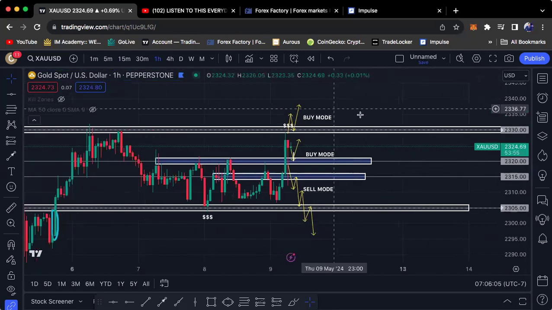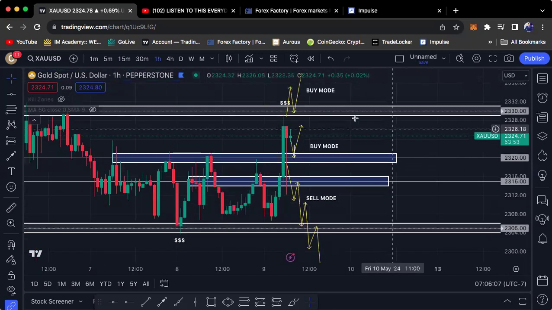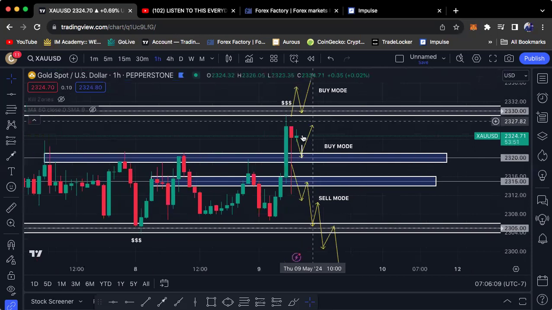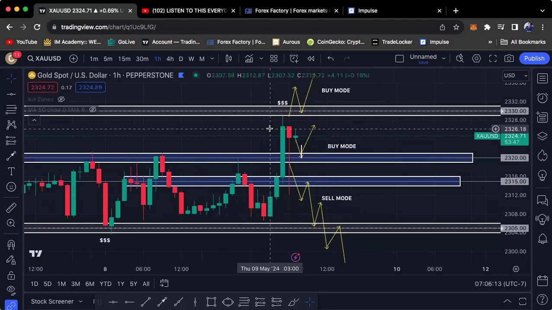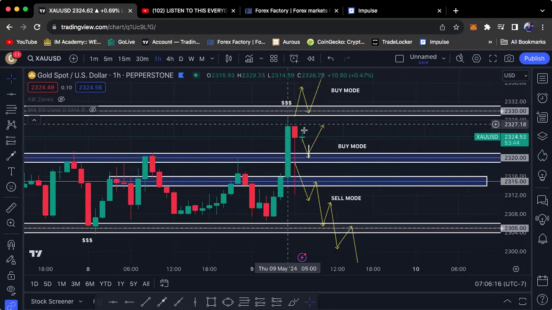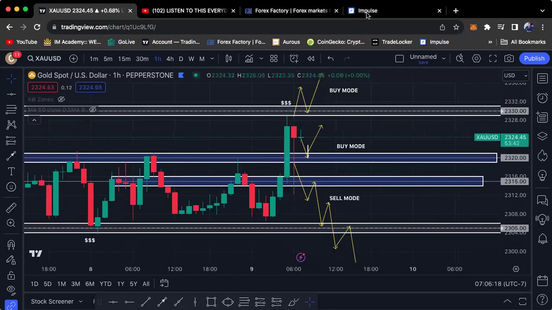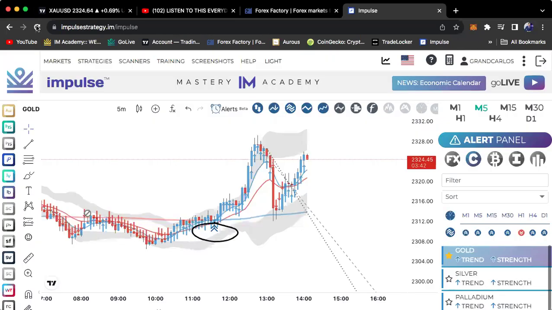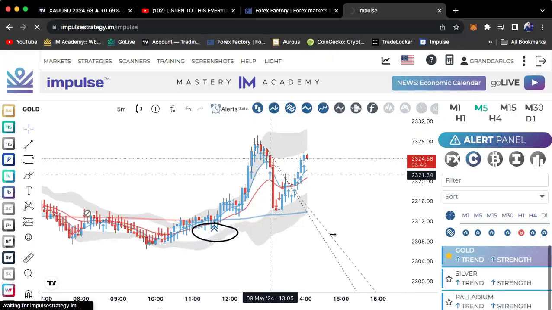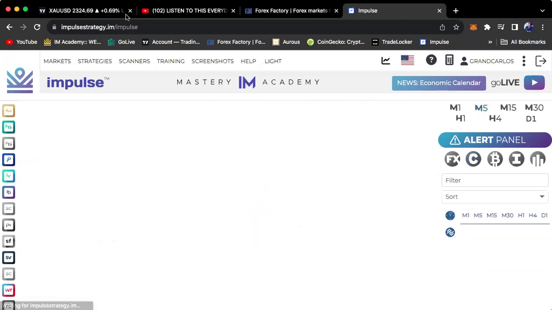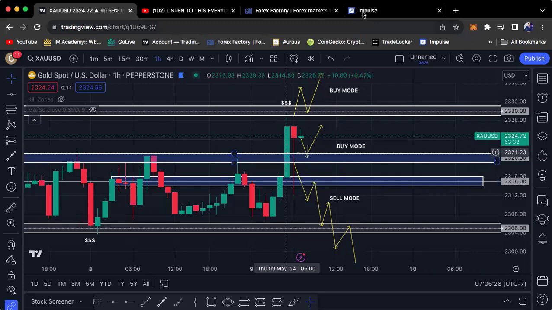You guys can also look at the 1 hour to see if it's going to close bullish or bearish. But like I said, right now it's on a bullish run, according to Impulse and according to what I marked up here.